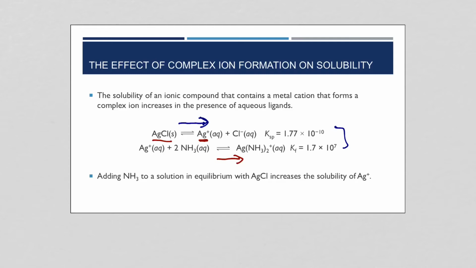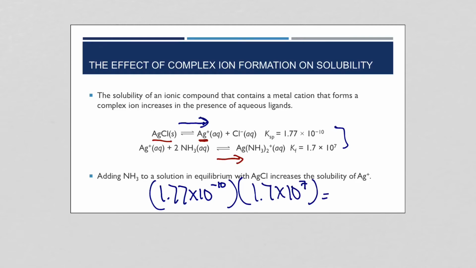So if I look at this overall process, I'm going to take my KSP, my 1.77 times 10 to the minus 10, and multiply it by my KF of 1.7 times 10 to the positive 7. And it's going to give me a new, overall K value of 3.01 times 10 to the minus third.